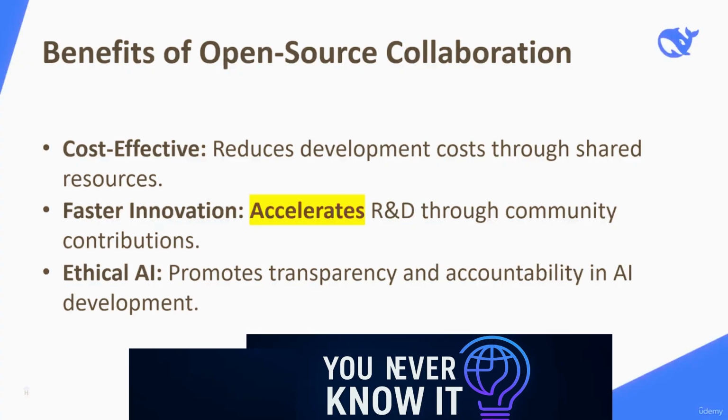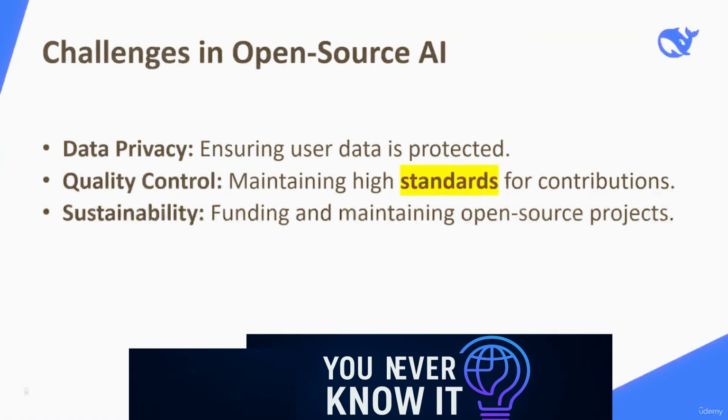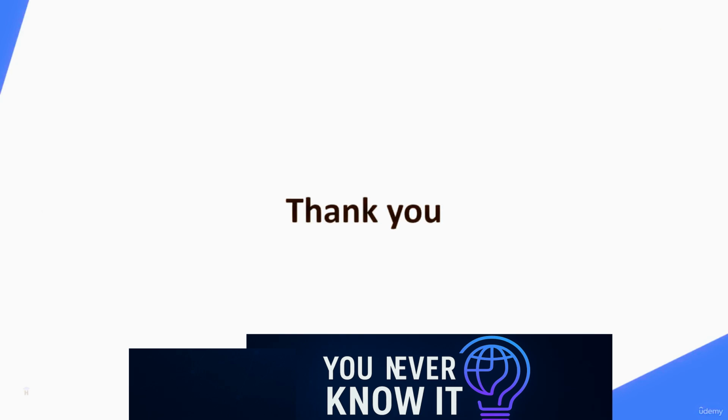Ethical AI promotes transparency and accountability in AI development. Challenges are also there: data privacy, ensuring user data is protected; quality control, maintaining high standards of contributions; and sustainability, funding and managing open source projects well.